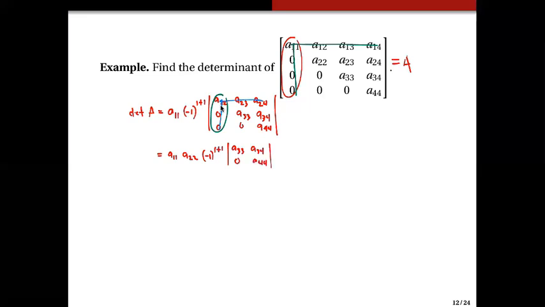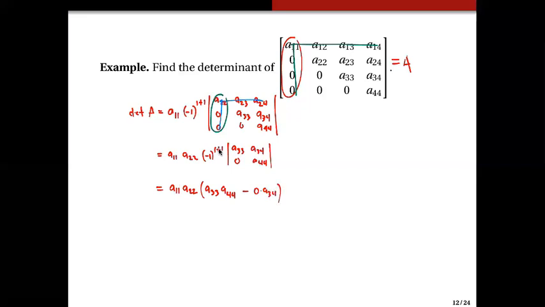And now we just have a 2 by 2 matrix here, so we can calculate easily the determinant. We will see that the determinant of the matrix A is equal to A11 times A22, negative 1 raised to 1 plus 1, that's positive 1, times the 2 by 2 determinant: A33, A44, minus 0 times A34.